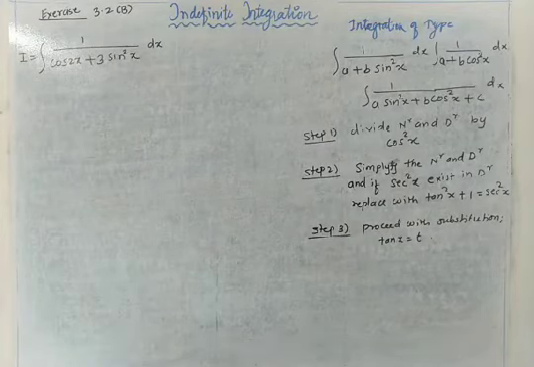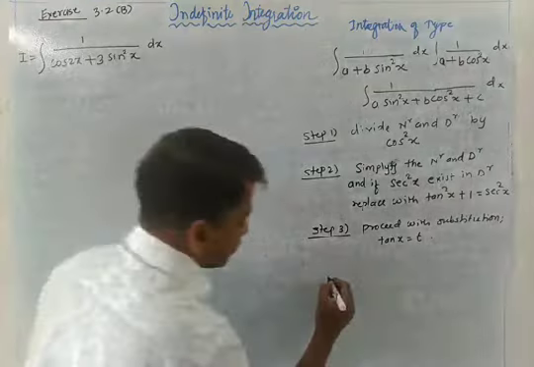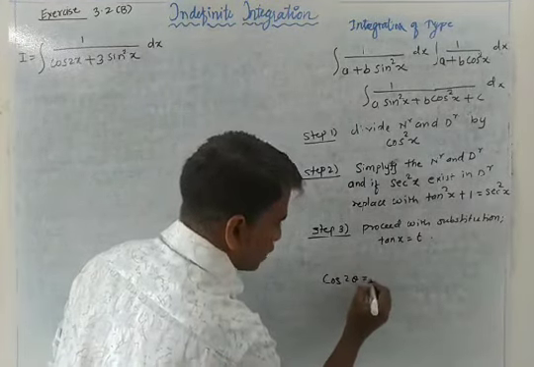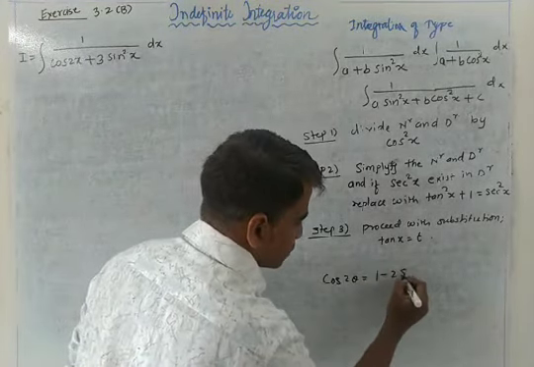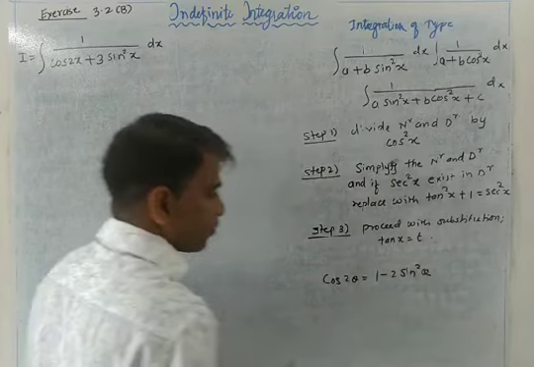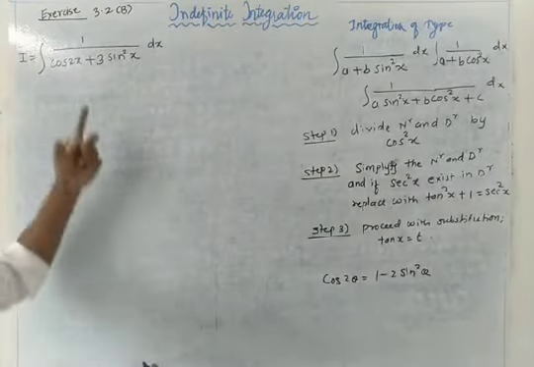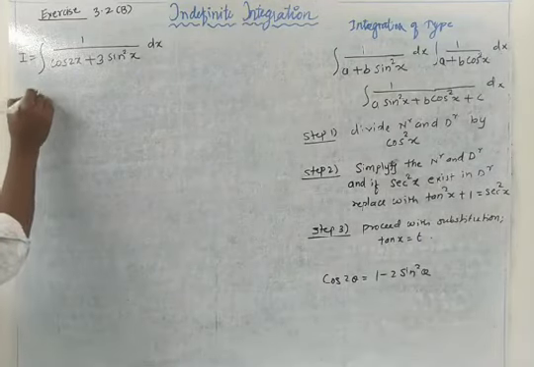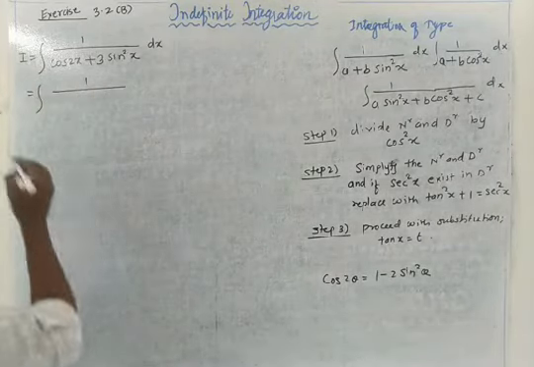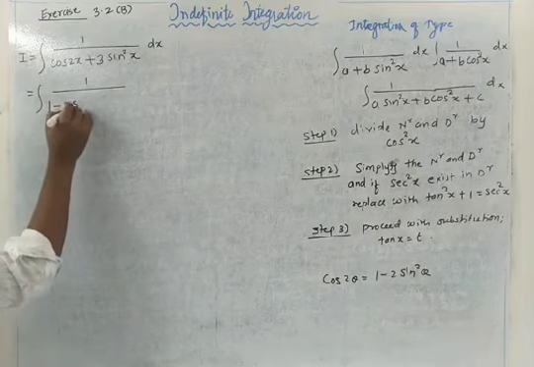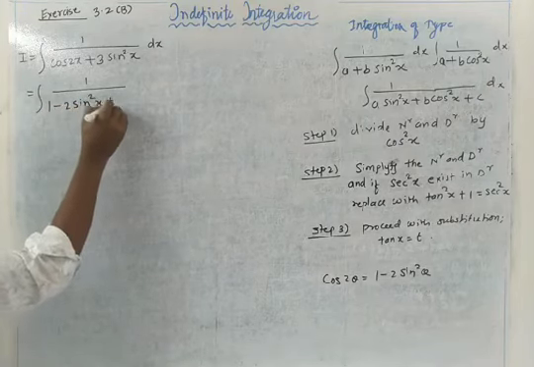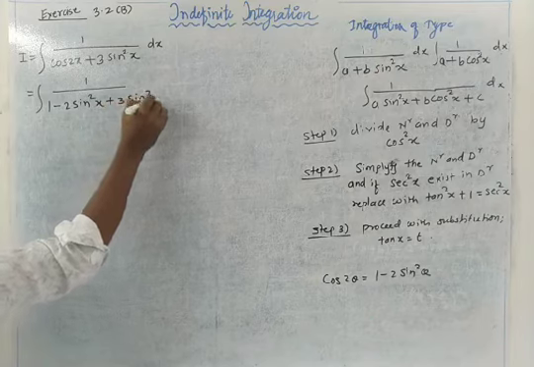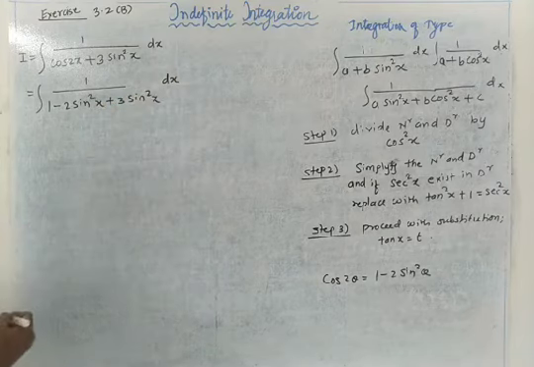That cos 2 theta formula we are going to apply. What is cos 2 theta? cos 2 theta is equal to 1 minus 2 sin square theta. So that formula easily helps us solve this example. Integration of 1 upon 1 minus 2 sin square x plus 3 sin square x dx.